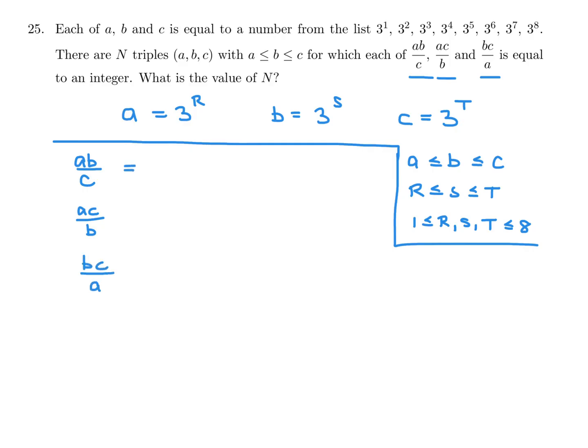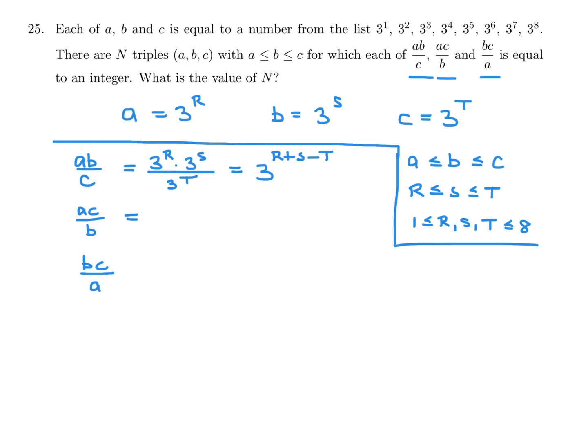Okay, so what is ab over c? Based on our classification, it'll be 3 to the power of r times 3 to the power of s over 3 to the power of t. And using exponent laws, that will be 3 to the power of r plus s minus t. Got it?